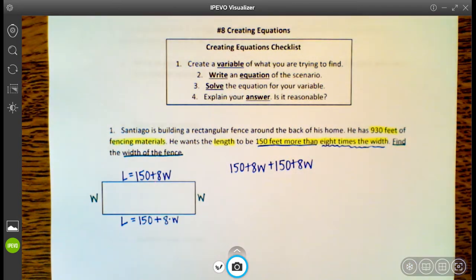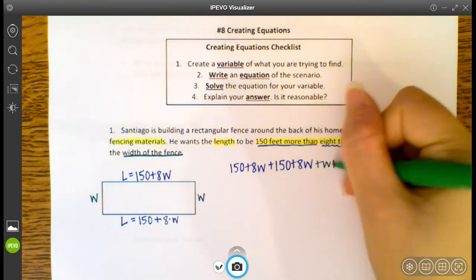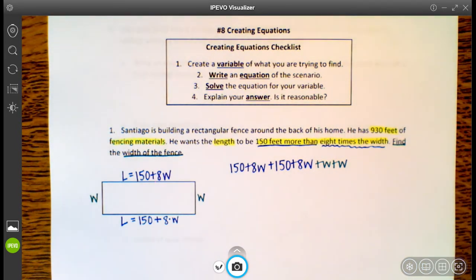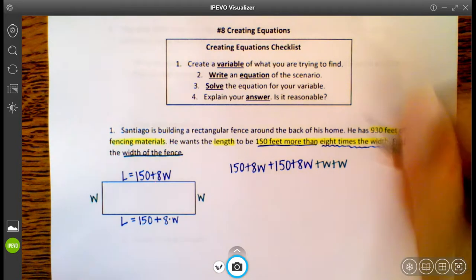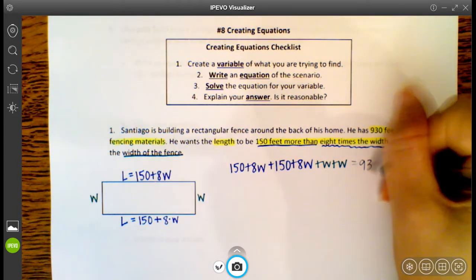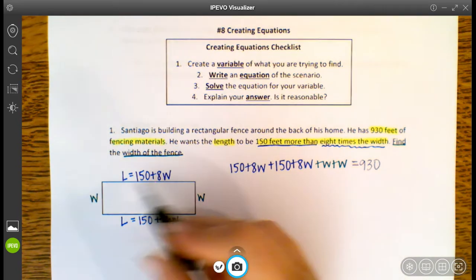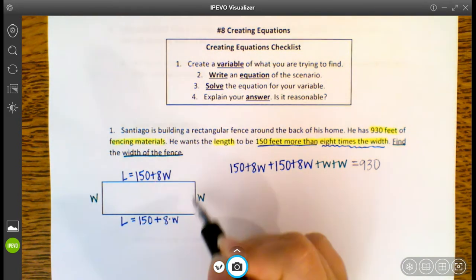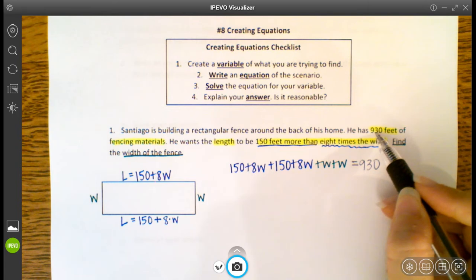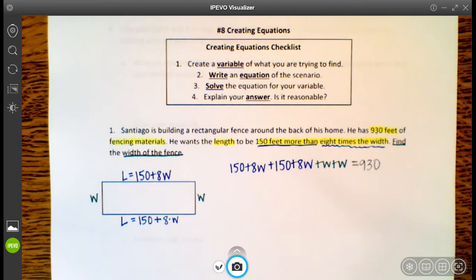So our 2 lengths, and we're going to add together our 2 widths. And those are going to equal our 930 feet worth of fencing material, or our perimeter. All the way around my rectangular object, I can utilize this many feet worth of materials.